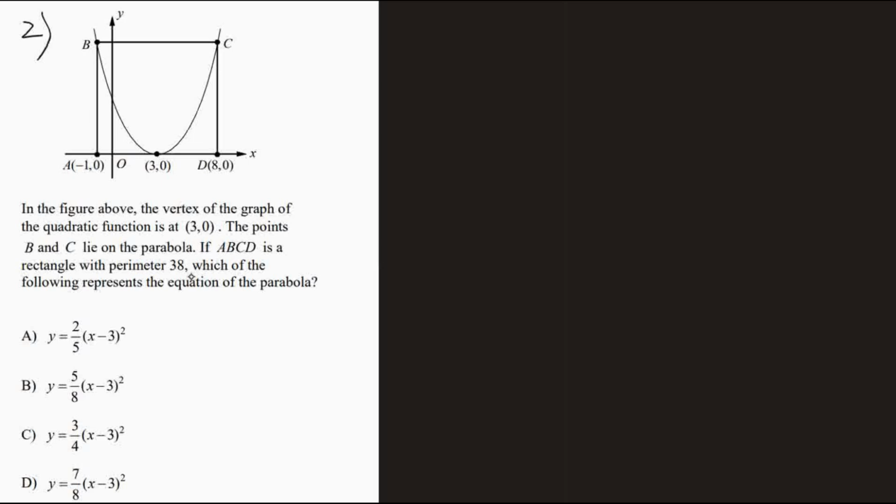Now we see here we are given a clue, which is that the perimeter of ABCD is 38. Now we can count that from A to D, the distance is 9.